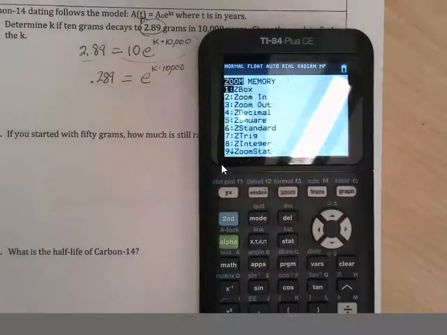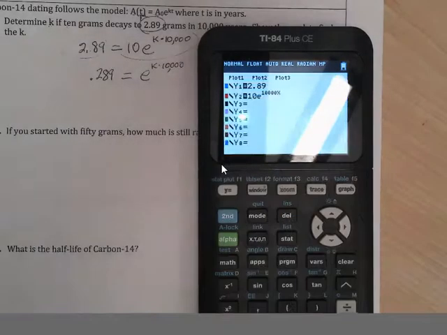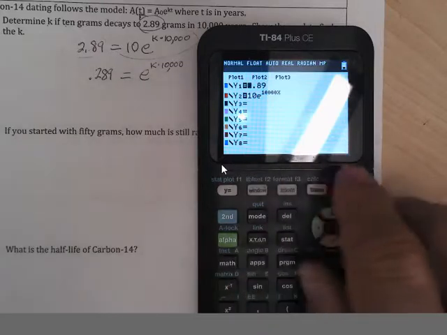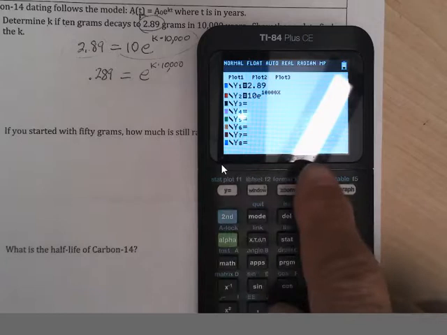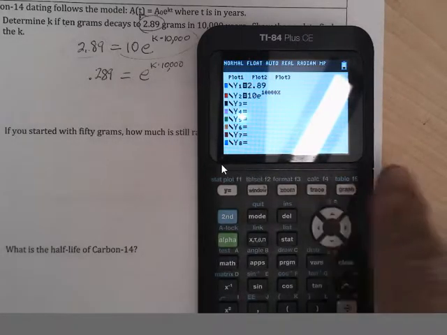Let's go zoom 4. E to the 2.9. Why am I not seeing that? Graph.